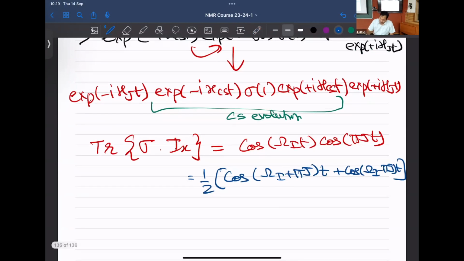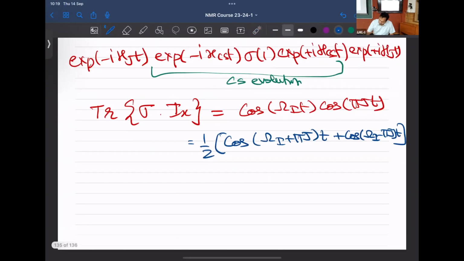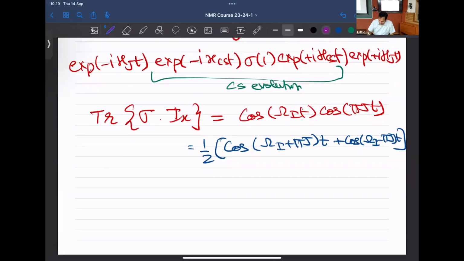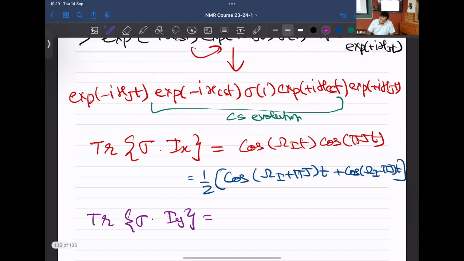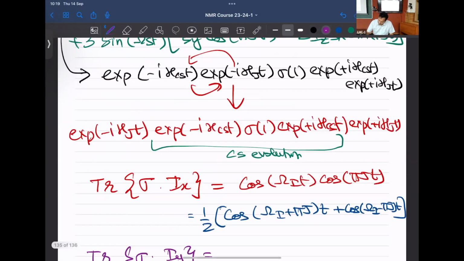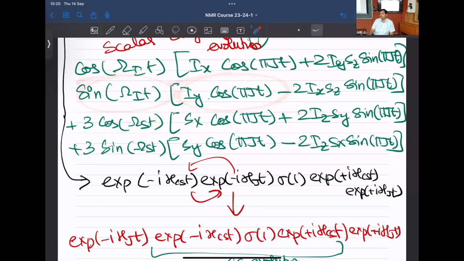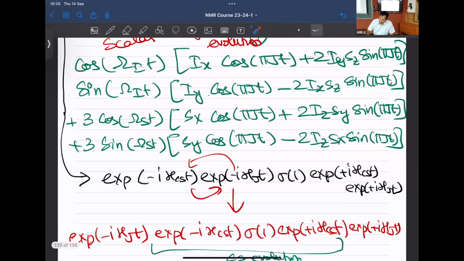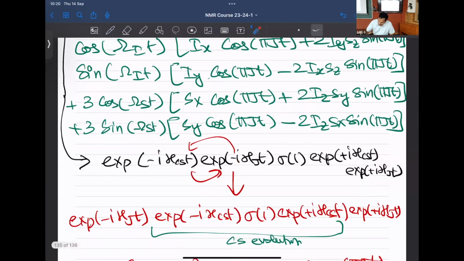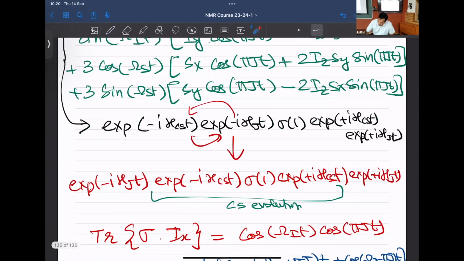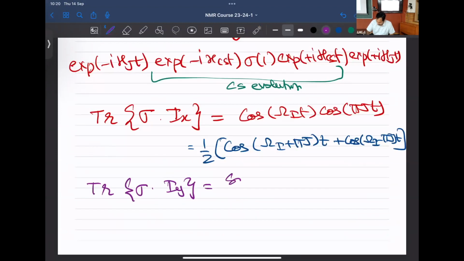Yeah. So similarly, you can take the trace of sigma with Iy. Sigma with Iy will be what? You're going to get sine omega I t times cos pi J t.